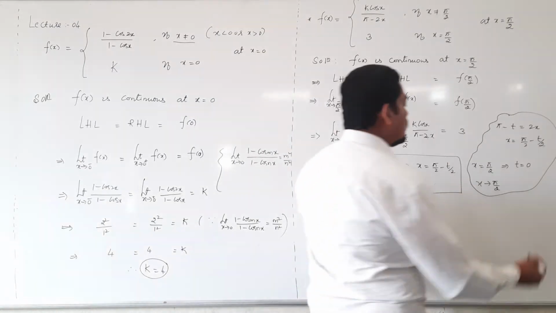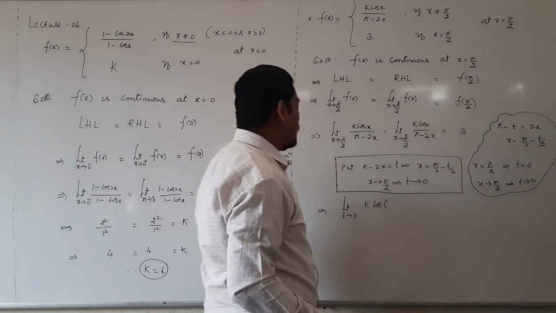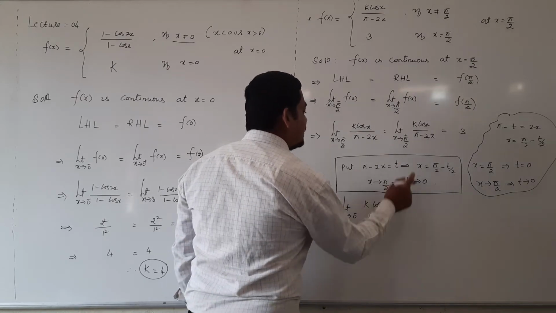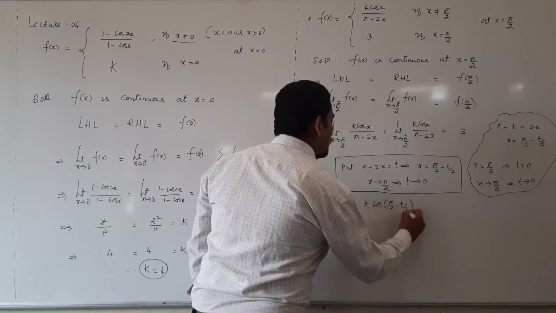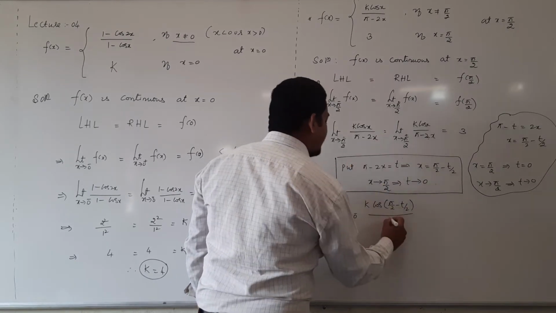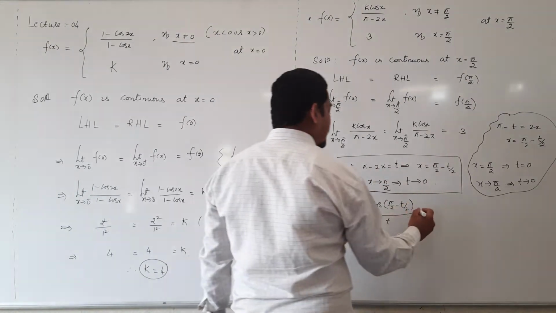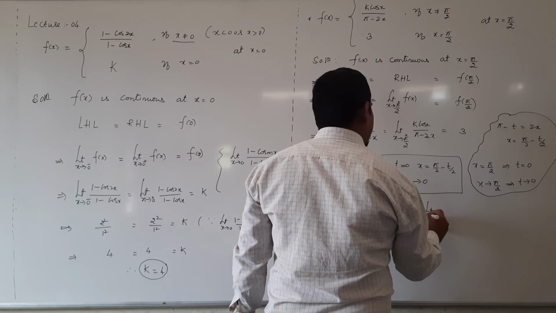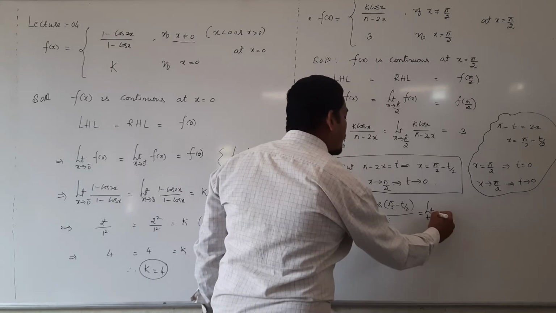When x approaches pi by 2, then t approaches 0. Then replace that x value: x is pi by 2 minus t by 2. The whole thing divided by pi minus 2x, which is nothing but t. Similarly, in the right hand limit also, it becomes in terms of t only.